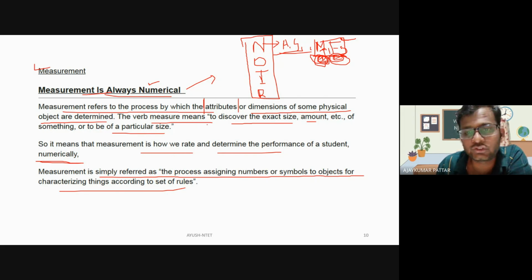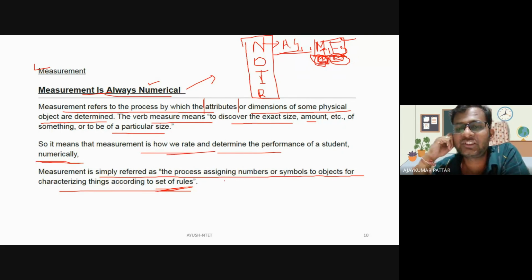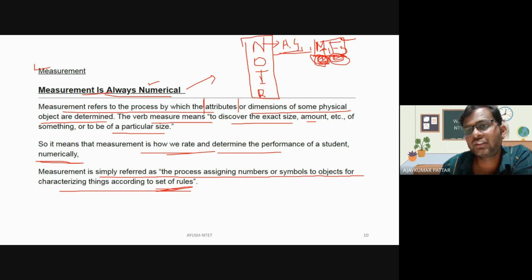Like that, here also attributes or behaviors are given numbers based on different sets of rules or different sets of methods, and we assign a numerical number. That is the measurement. Did you understand? Whether this nominal scale and giving the number concept is clear or not?